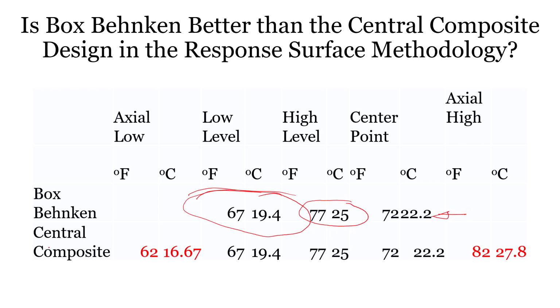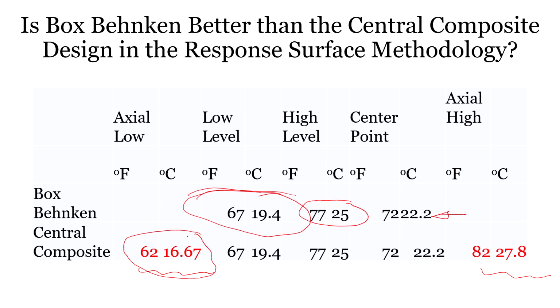On the central composite design though, there are 2 additional axial points. One is the low axial point and the other is the high axial point. Now the biggest problem with the central composite design is these 2 axial points. Now think about the practicality of this 62 degrees Fahrenheit or 16 degrees Celsius.